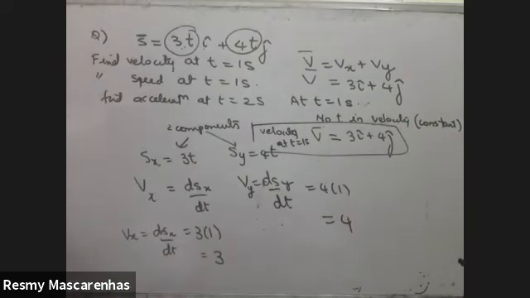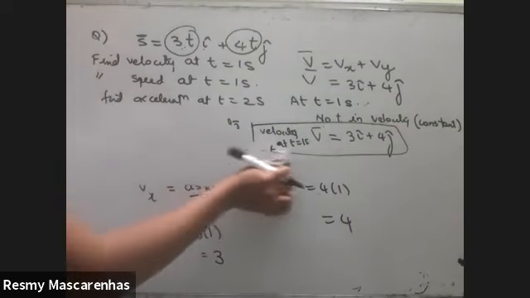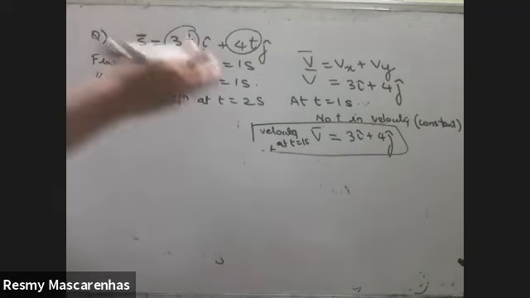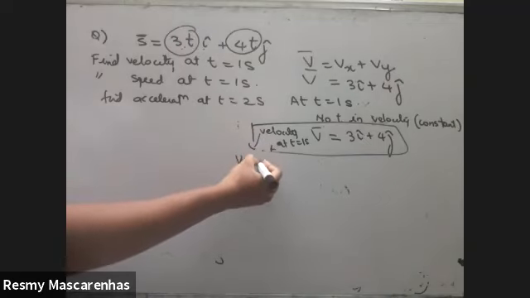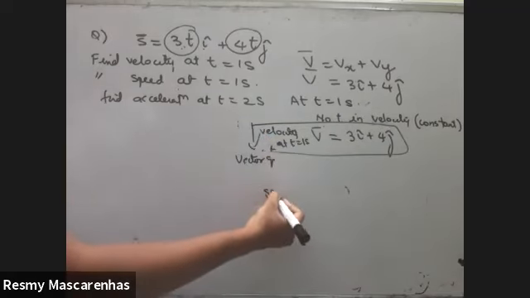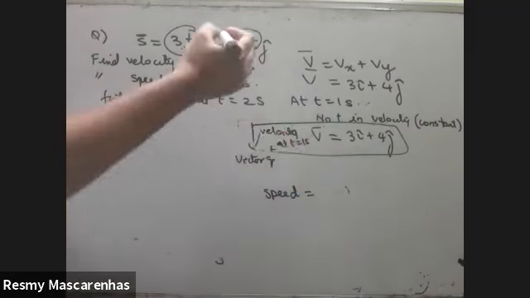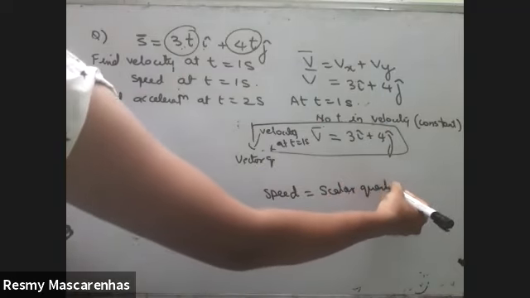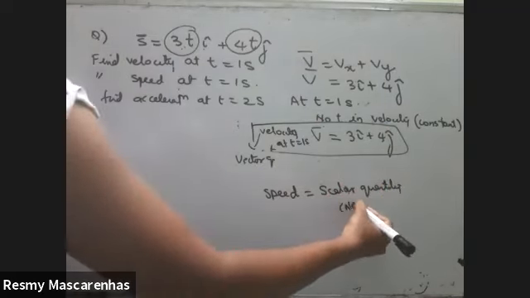Now second thing, speed has been asked. Now understand the difference. Velocity is a vector quantity, so it is there in terms of vector. Now speed I want to find. Speed is always a scalar quantity. Means what? No direction.